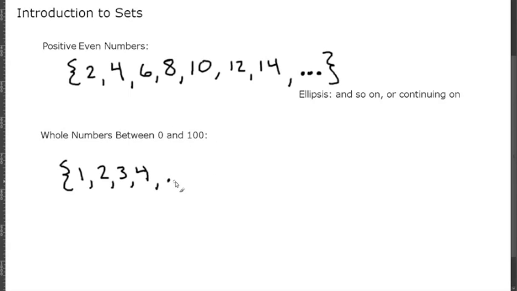I can use the ellipsis inside of the set as well to show that it goes on and on and on until I reach 97, 98, 99. As long as the person reading your set can see that each number is increasing by 1 until you get to 99, then you can write your set.